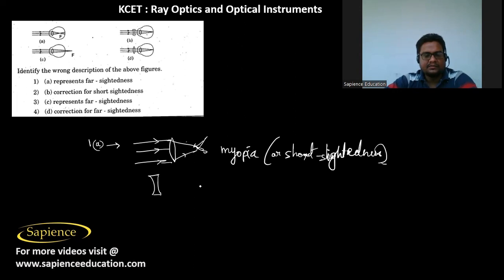Since in farsightedness, which is called hypermetropia, we need a convex lens or a converging lens. So option A is the wrong description. So it is the correct answer.